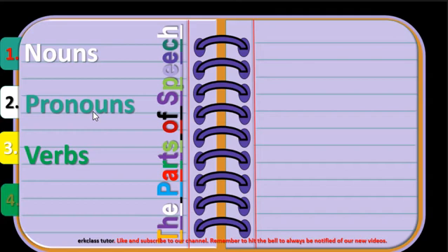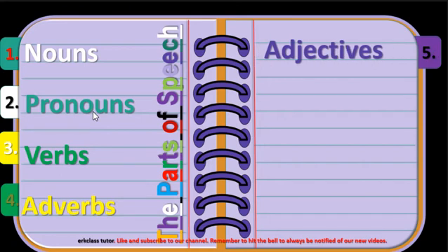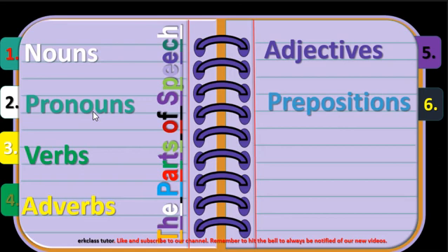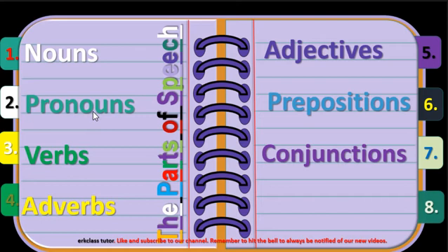Our number 4, adverbs. Our number 5, the adjectives. Number 6, the prepositions. Number 7, conjunctions. And lastly, our number 8, the interjections.